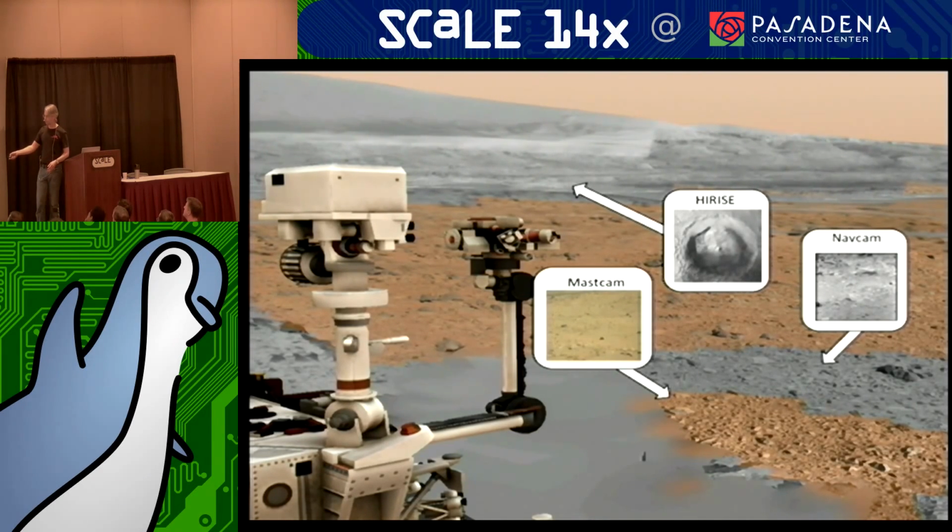Then color Mastcam images. So this is the high resolution science camera. And where we don't have either of these types of imagery, then we'll fall back to orbital imagery from the Mars Reconnaissance Orbiter. So for every part of the mesh, we'll have some type of imagery, and some is better than others. So there's an element of sensor fusion in how to stitch these things together in a way that you're using the best possible data for each part of the mesh.